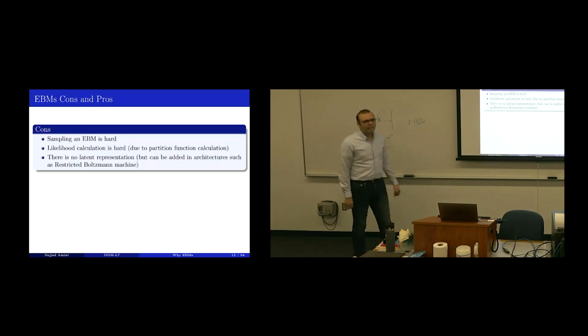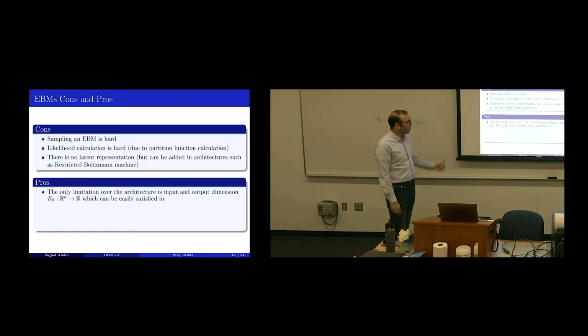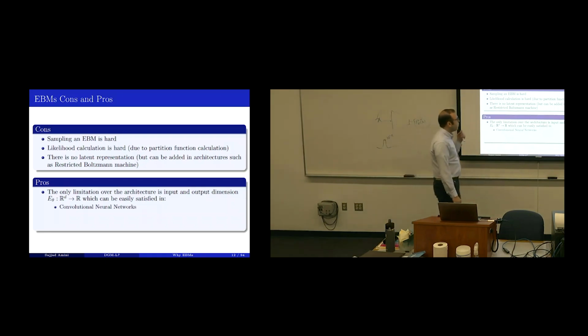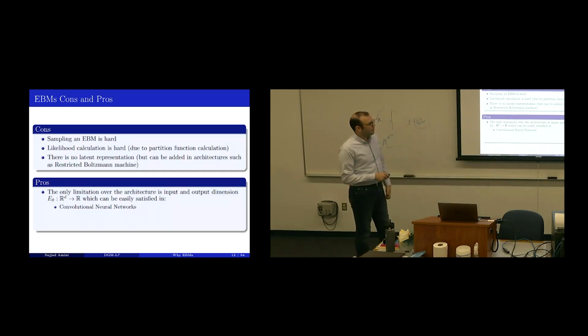So in the simplest case, you do not have any latent representation. But what is the pro? The most important pro is that the only limitation on the architecture is the input-output dimension. It means that it is much more flexible than even GANs, okay?